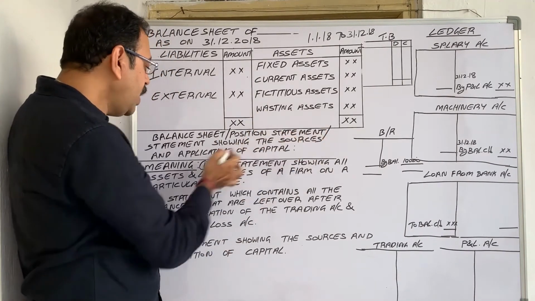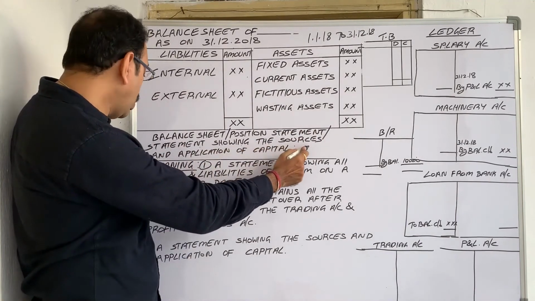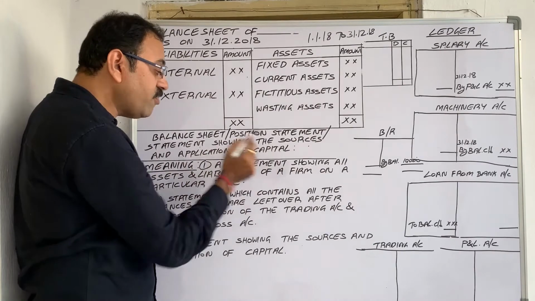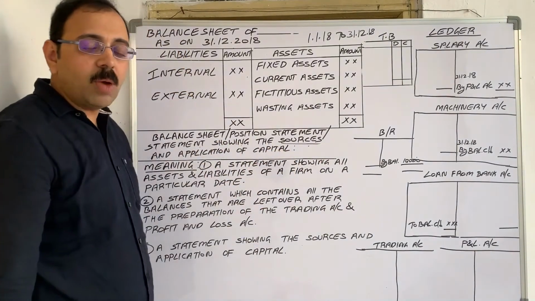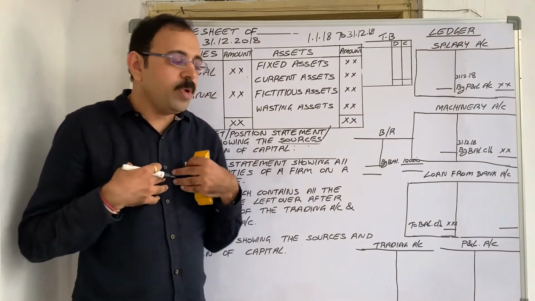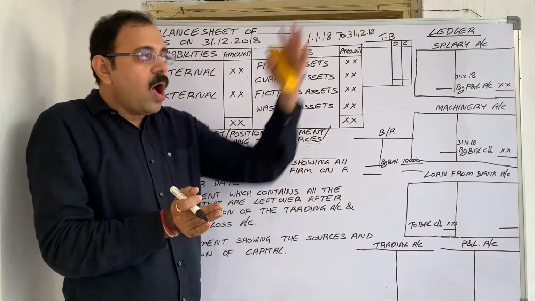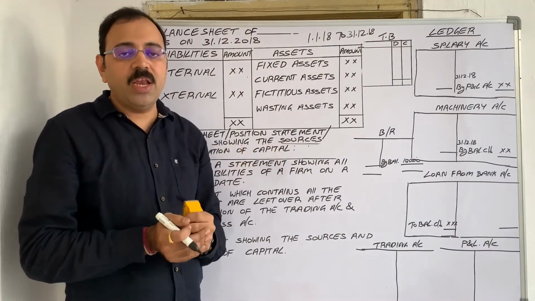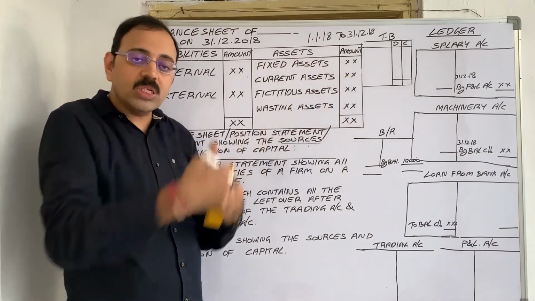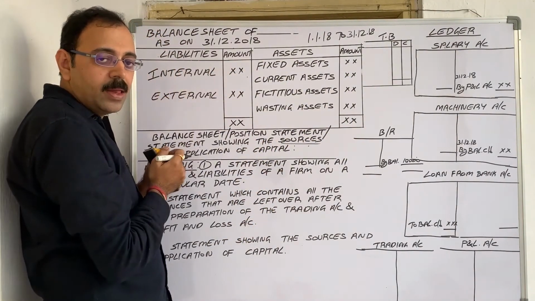And what is the other name for balance sheet? Statement showing the sources and application of capital. Sources means what? Suppose I am running business, I am preparing this balance sheet. To my firm, how money came, from which sources I received money, all these sources I should show under liabilities heading.